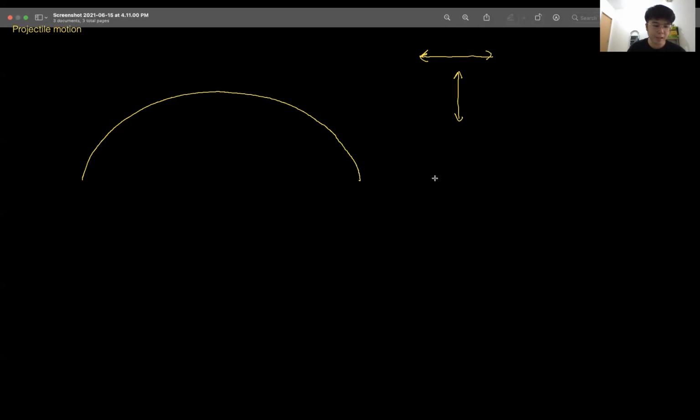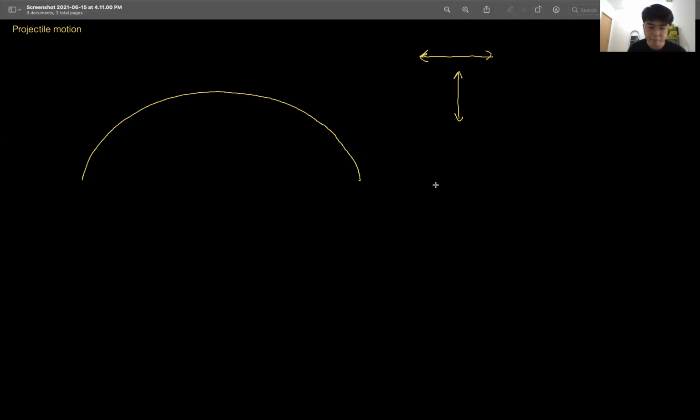Now, a projectile is an object upon which the only force acting is gravity. Again, a projectile is an object on which the only force acting is gravity. So if in a motion, only gravity is acting on that object, then that is projectile motion. Is horizontal motion projectile motion?